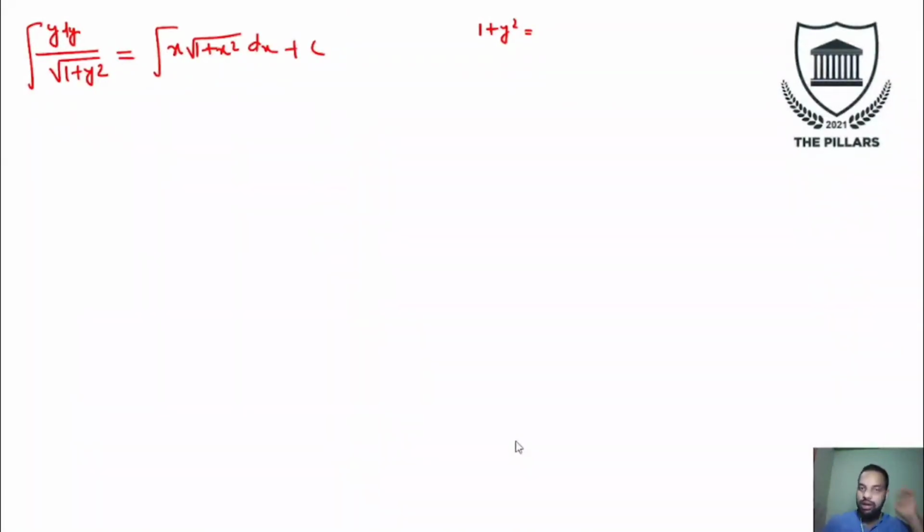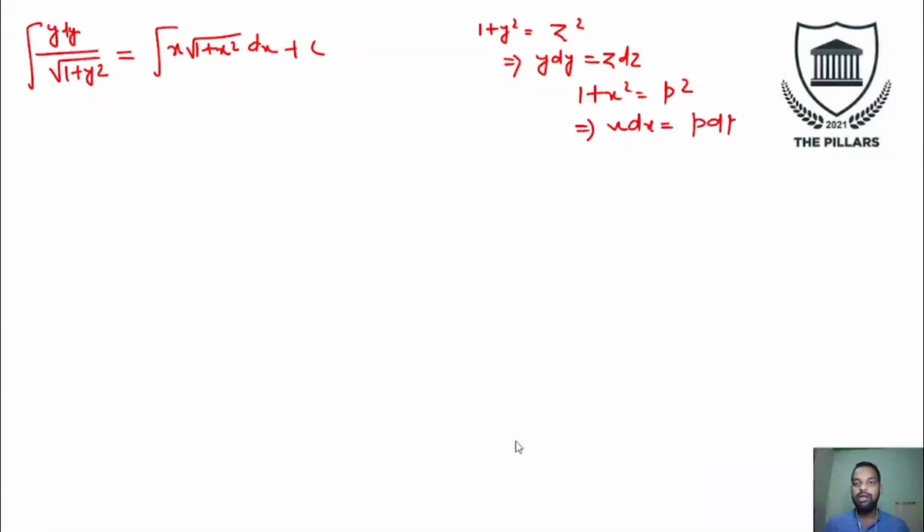So now we can put 1 plus y square as z square, so it will become y dy is equal to z dz, and 1 plus x square, let's put p square, then x dx becomes p dp.